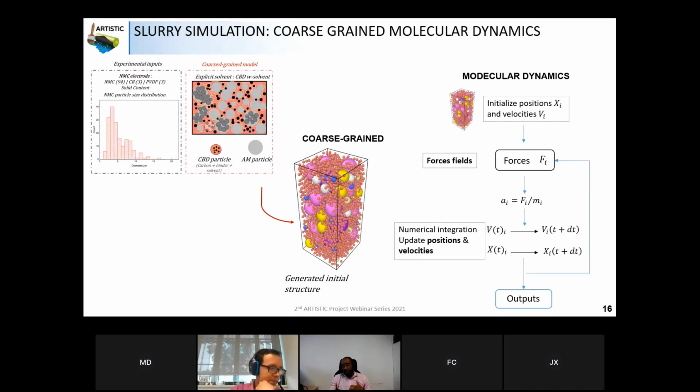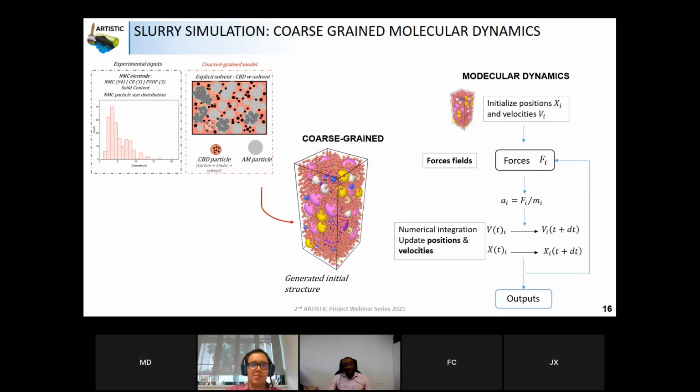And then you iterate until you have the equilibrated structure, and then you can evaluate your property, for example, the porosity of your electrode, or whatever property you want. At the end, you can compare this property with the experimental one, and if it's not good, you iterate, change the parameters, and so on.